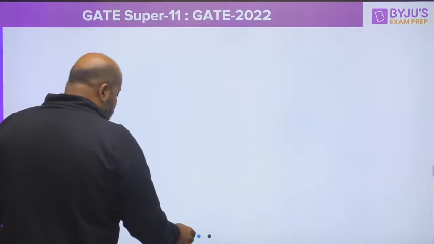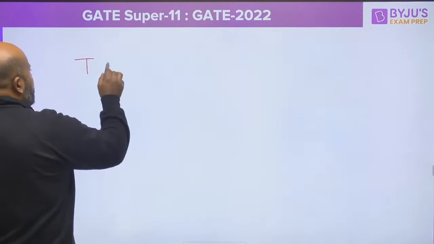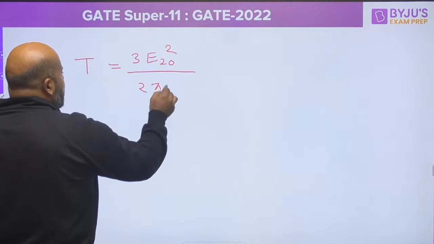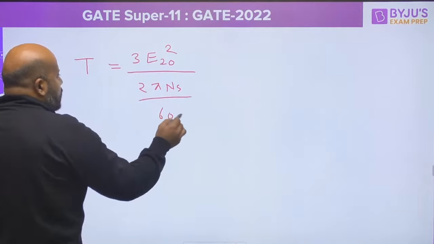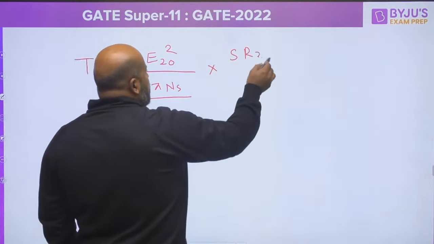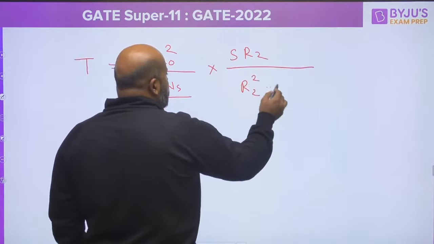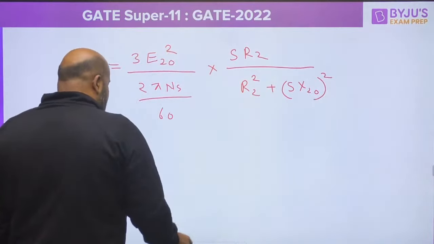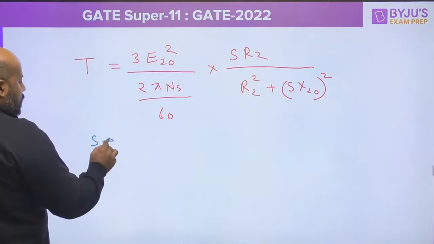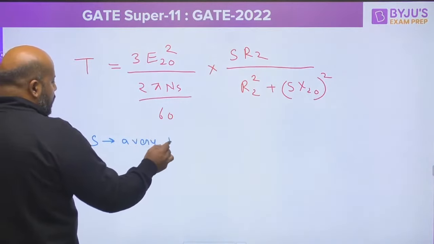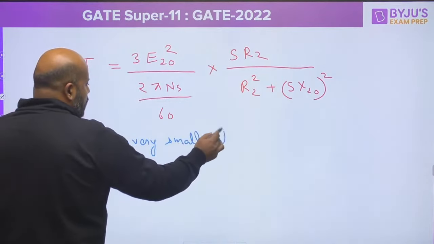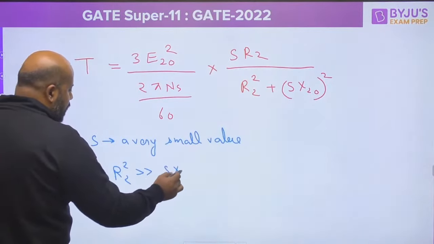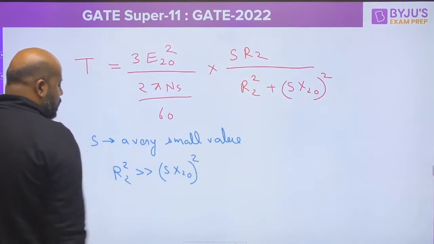How are you writing the torque? The torque of the induction motor you are writing as 3 E2 naught square upon 2 pi ns upon 60, and this is S R2 upon R2 square plus S x2 naught whole square. In general, slip is going to be a very small value. So R2 square is going to be a much higher value in comparison to S x2 naught whole square.